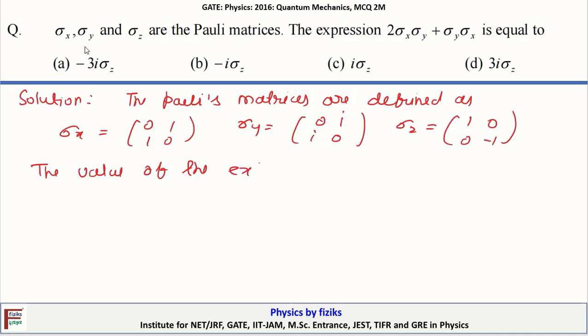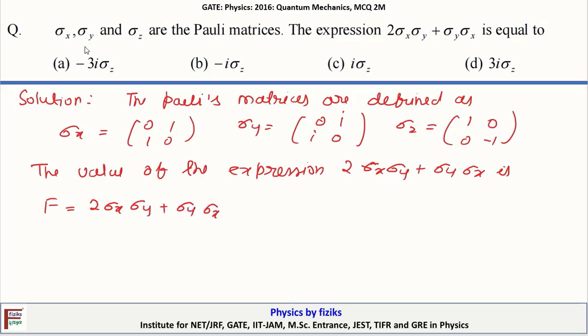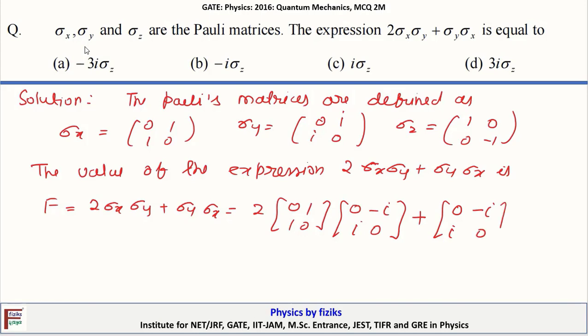The value of the expression 2 sigma x sigma y plus sigma y sigma x equals 2 sigma x sigma y plus sigma y sigma x, which equals 2 into the matrix 0, 1, 1, 0 times 0, minus i, i, 0 plus 0, minus i, i, 0 times 0, 1, 1, 0.